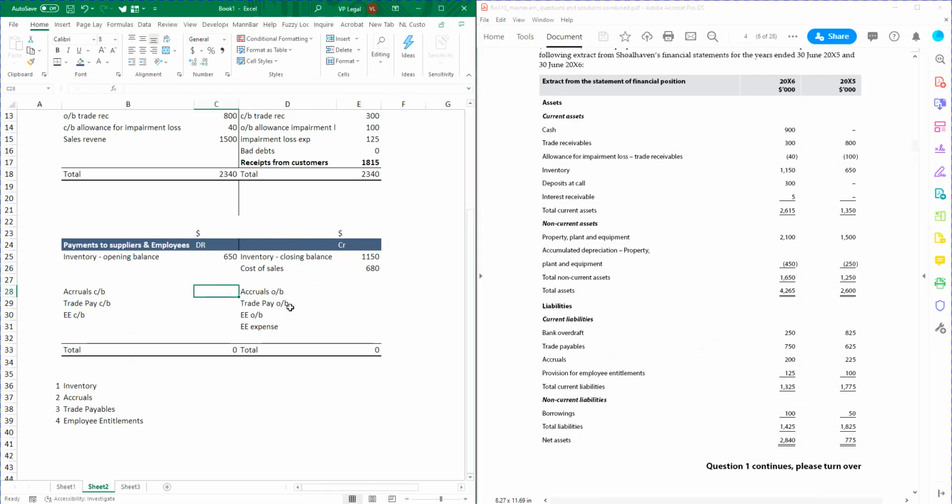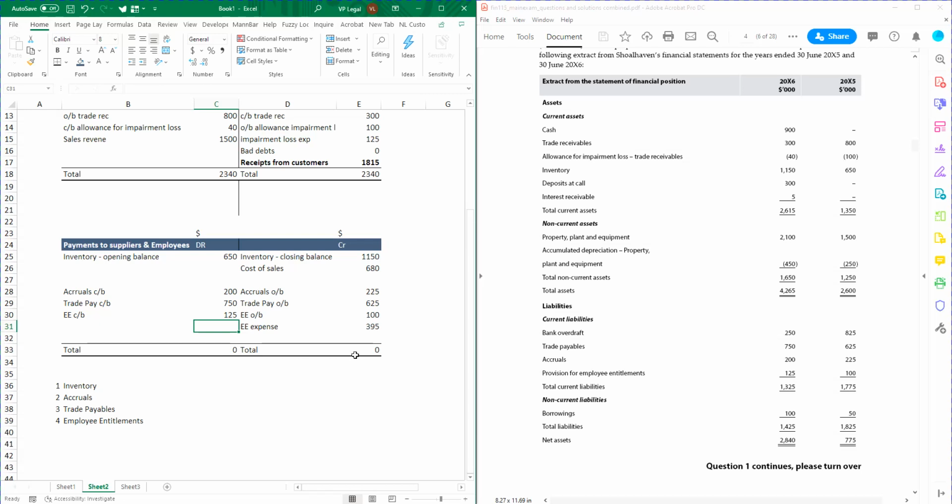Accruals opening balance 225. 200. 65. 750. Employee opening is 100. And then employee entitlements closing is 125. And then employee entitlements expense is 395.